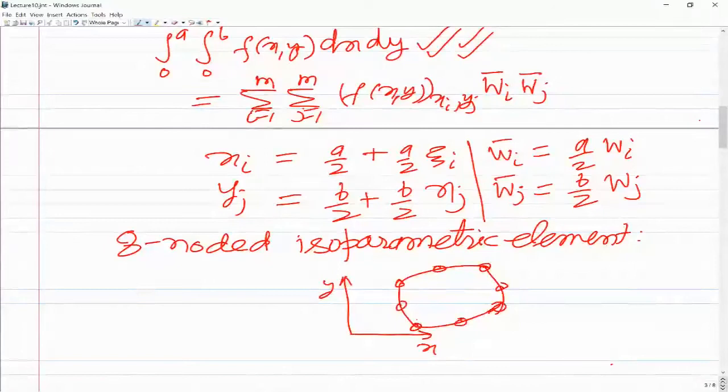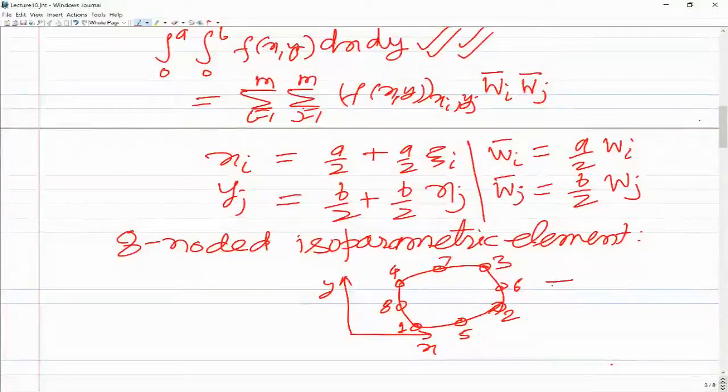So this is corner node 1. First we number locally the corner nodes, 1 2 3 4, and then the mid side nodes, 5 6 7 and 8. The intermediate nodes are located at midpoints.